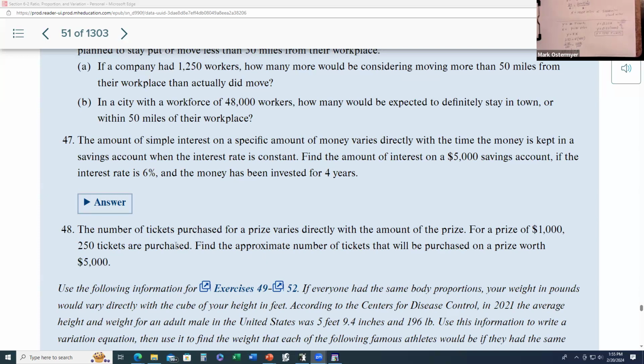So the number of tickets would be Y. That's always on the left side, and the right side would be the prize value. So it depends on how it reads from left to right. Does that help? Yes, thank you. The number of tickets comes first before the amount of prize, and the amount of prize comes after the words varies directly. Y would be the number of tickets purchased. X would be the amount of prize.